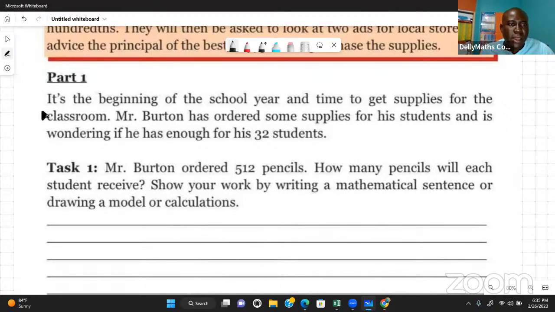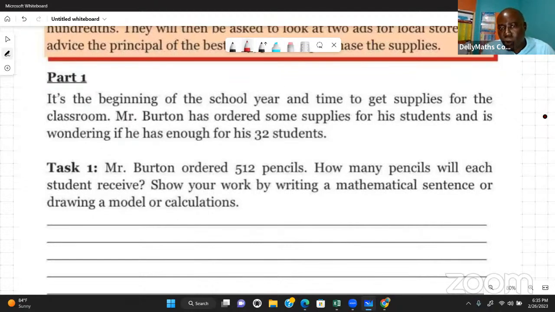It says here that it's the beginning of the school year and time to get supplies for the classroom. Mr. Burton has ordered some supplies for his students and is wondering if he has enough for 32 students.